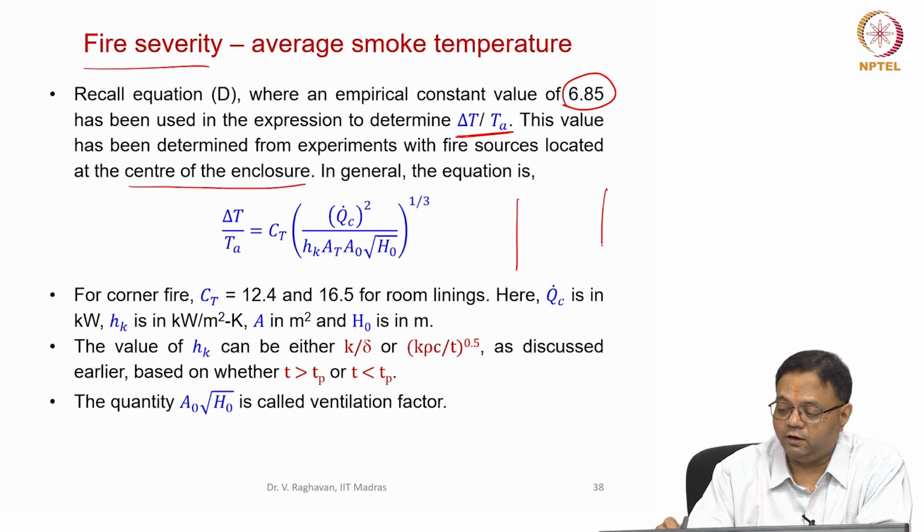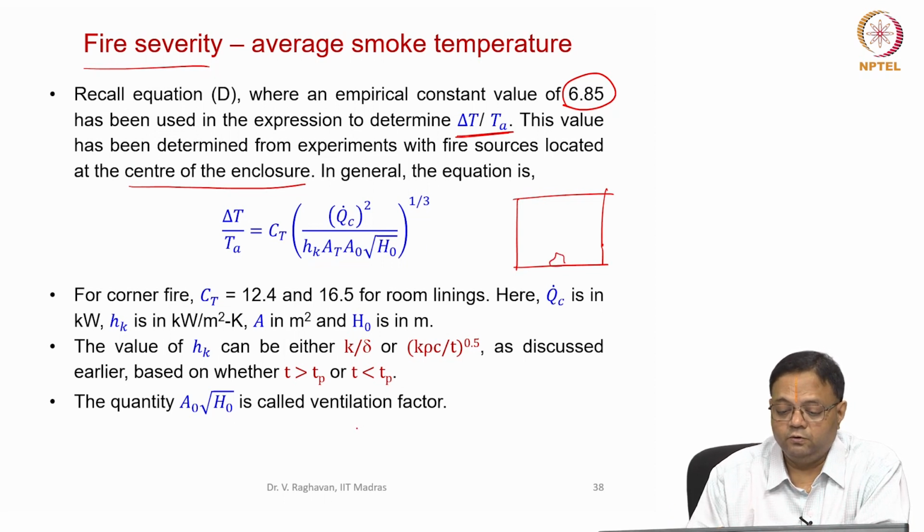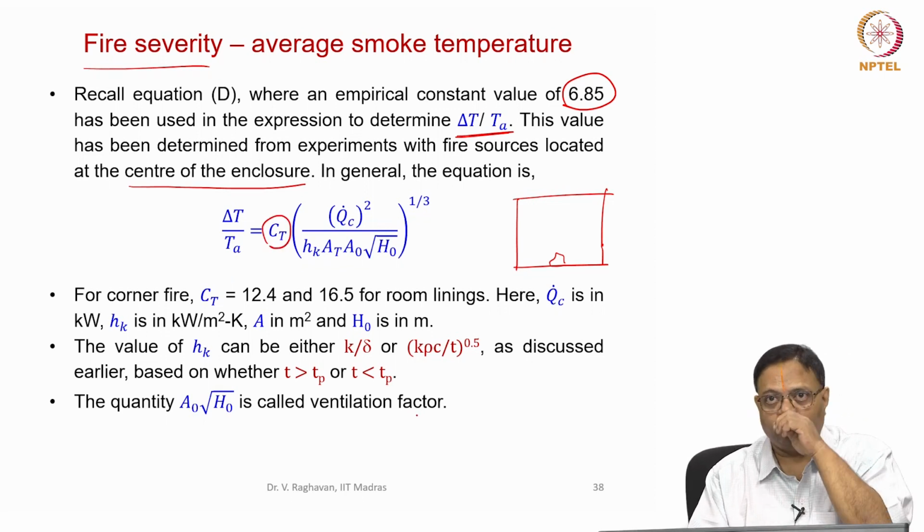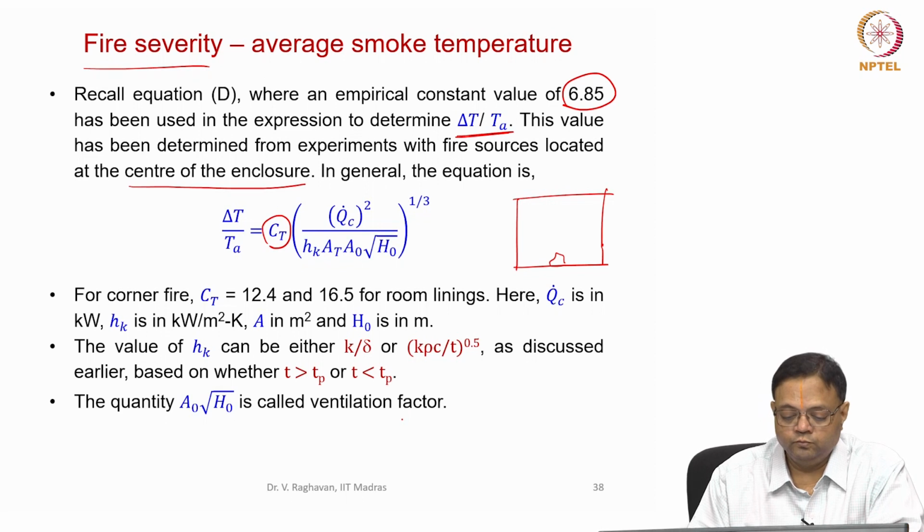So if there is an enclosure, the fire source is in the center of the enclosure, but the fire source can be anywhere, in the corner or towards one side wall, etc. In that case, the equation can be written in general by using some constant Ct instead of the number 6.85.